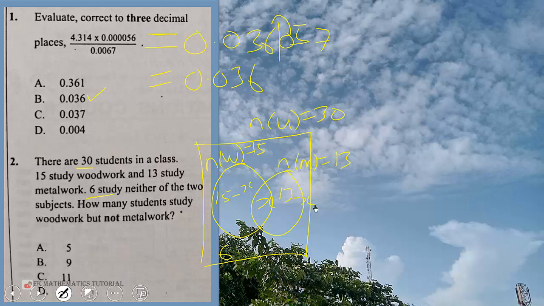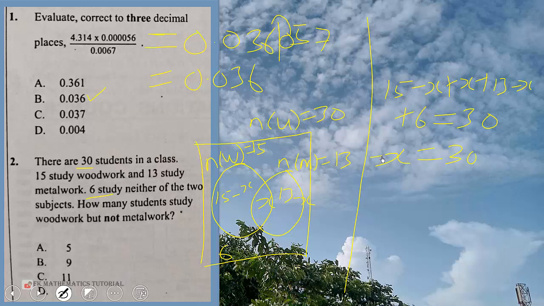When we add all of this, we're supposed to get 15 minus x plus x plus 13 minus x plus 6 supposed to give us 30.